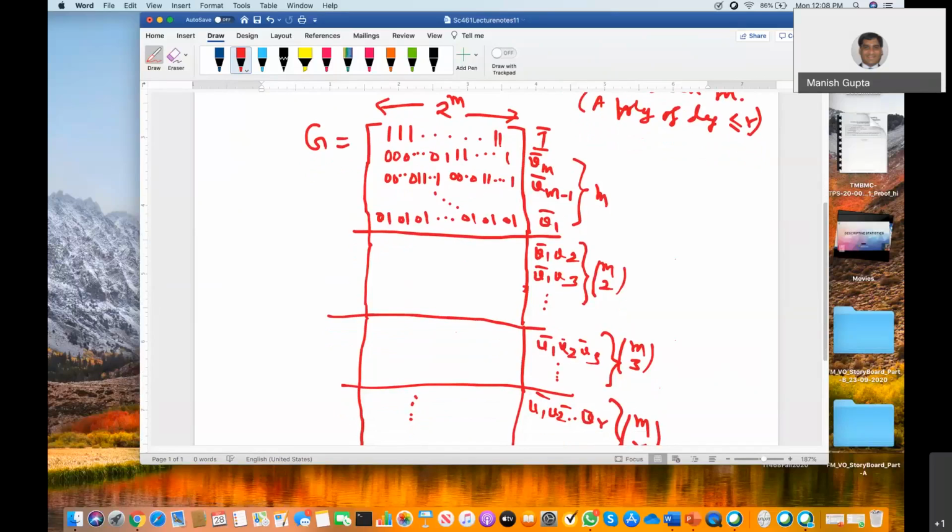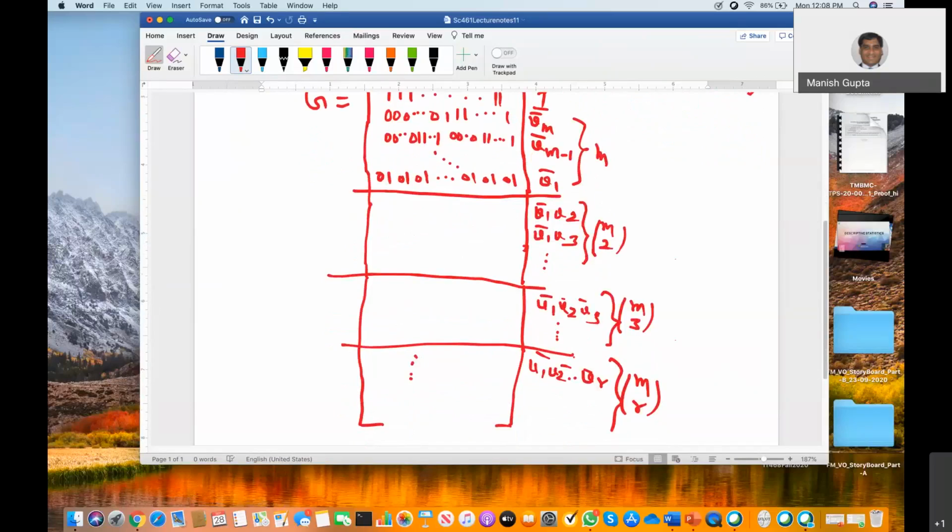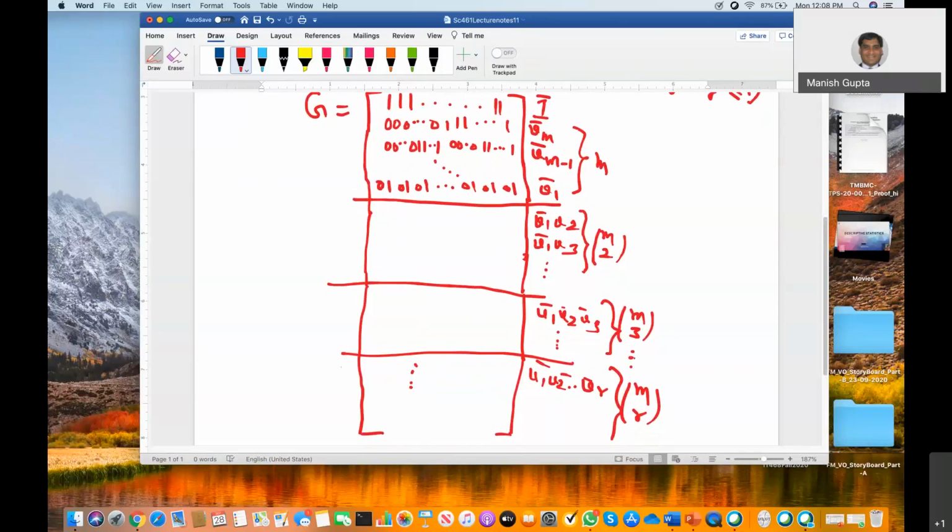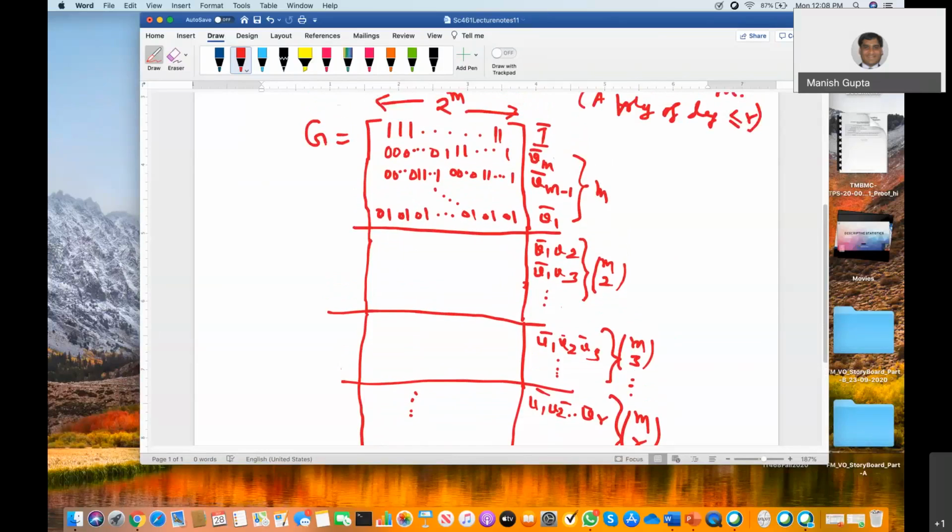Next, m choose 3, and we keep on doing this up to r, until we have m choose r. This is the generator matrix of the Reed-Muller code.